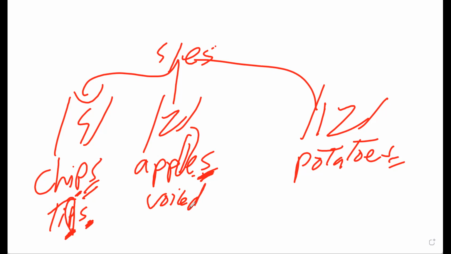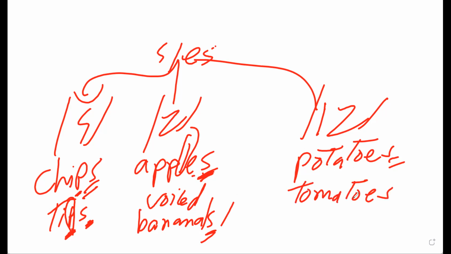Okay, like banana, for example. How to read it? Bananas. "Z". Yes. Here potatoes, the same.